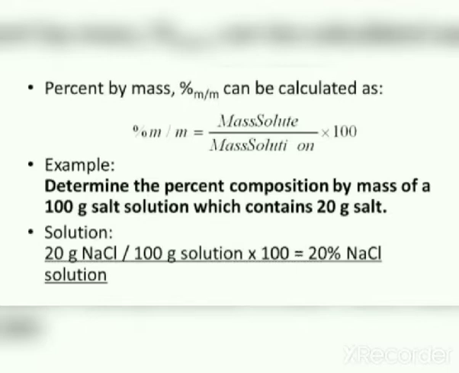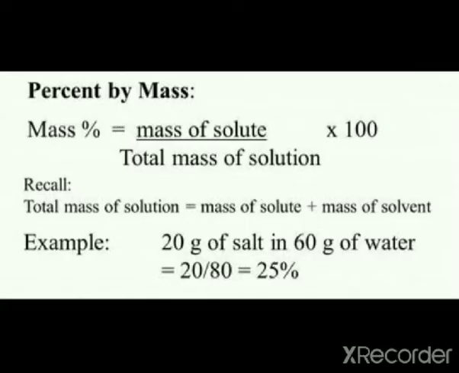So you will get the mass percentage as equal to 20%. Mass percentage is therefore given as mass of the solute divided by total mass of the solution into 100. Now how can you get the total mass of the solution? Mass of the solute plus mass of the solvent.